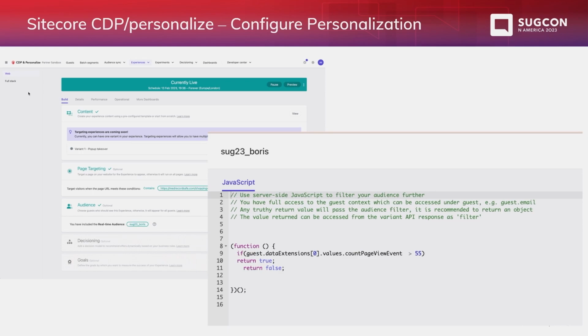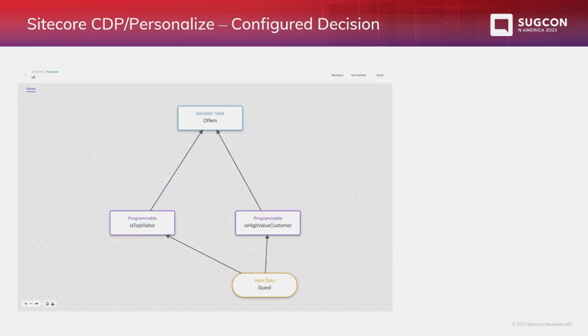And so in this case, I use audience mapping. I don't know how it's called. I think that's what it's called. Or I can go and create a decision tree where I can say if it is a top visitor and is a high value customer, then I can show an offer table.